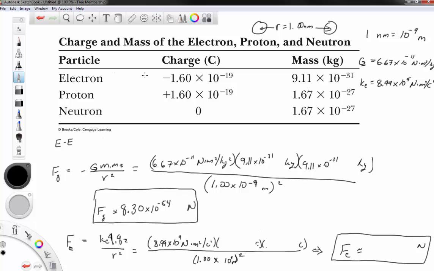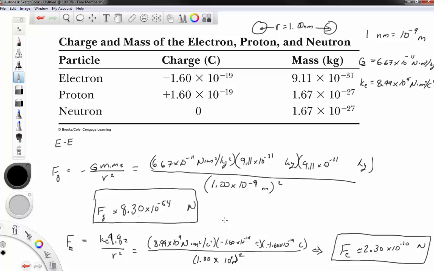And so now we can do the force between two electrons from their charge. So that means down here we get to put minus 1.60 times 10 to the minus 19, and then again 1.60 times 10 to the minus 19. So that gives us an electric force of, again, 2.3 times 10 to the minus 10 newtons.